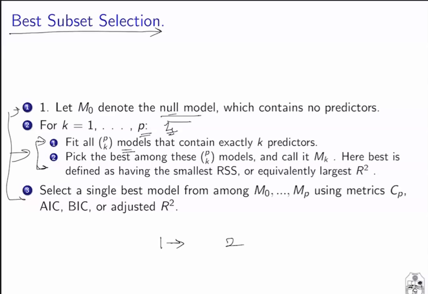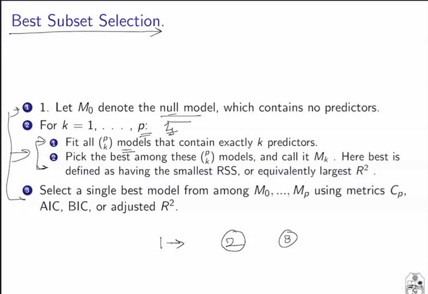In the second iteration, you are going to generate all those models in which you use only two input variables. In the third iteration, all those models are generated which use three input variables, and so on.